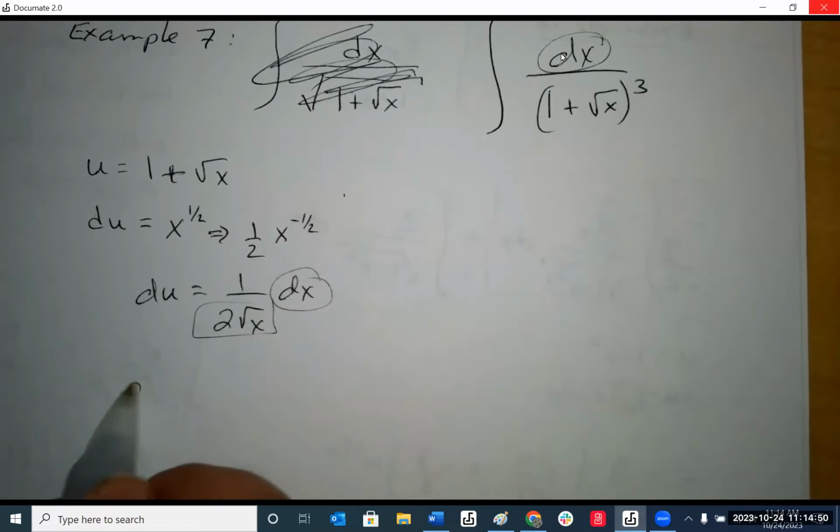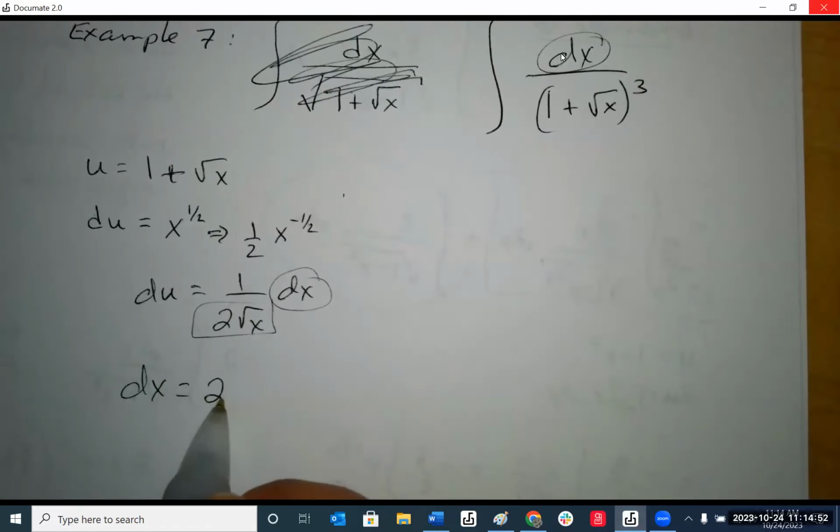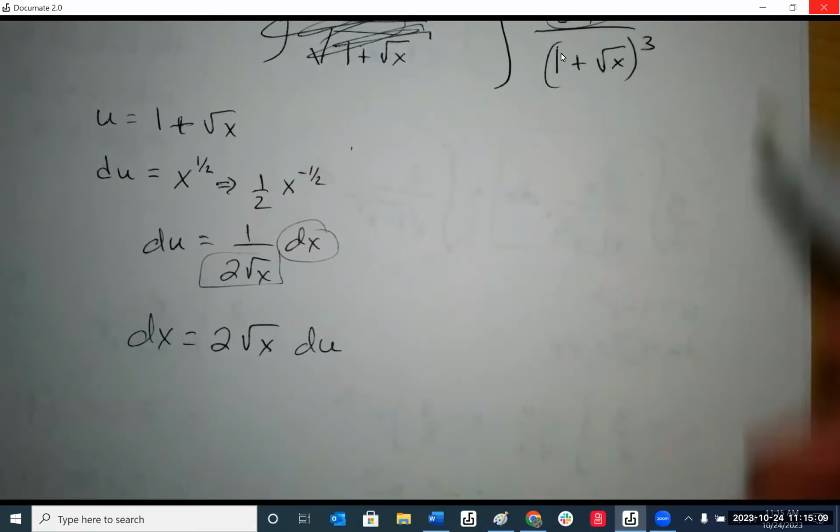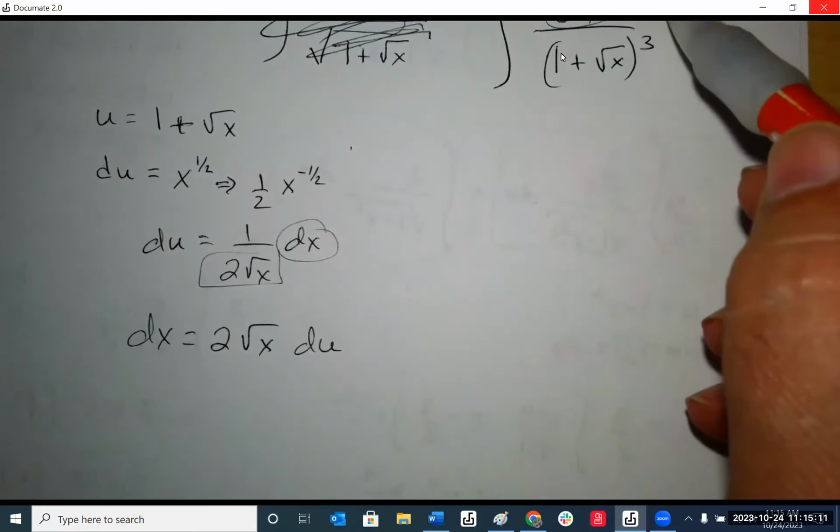We have dx is equal to 2 radical x du. Okay.